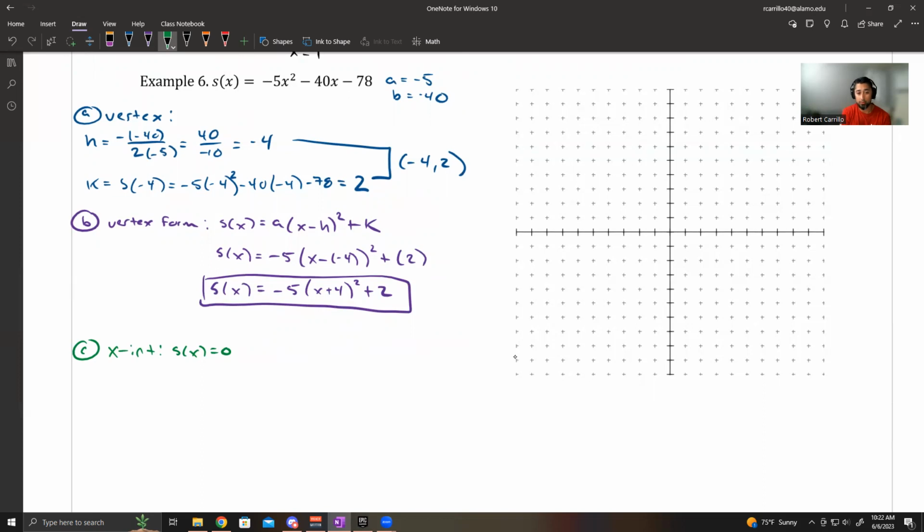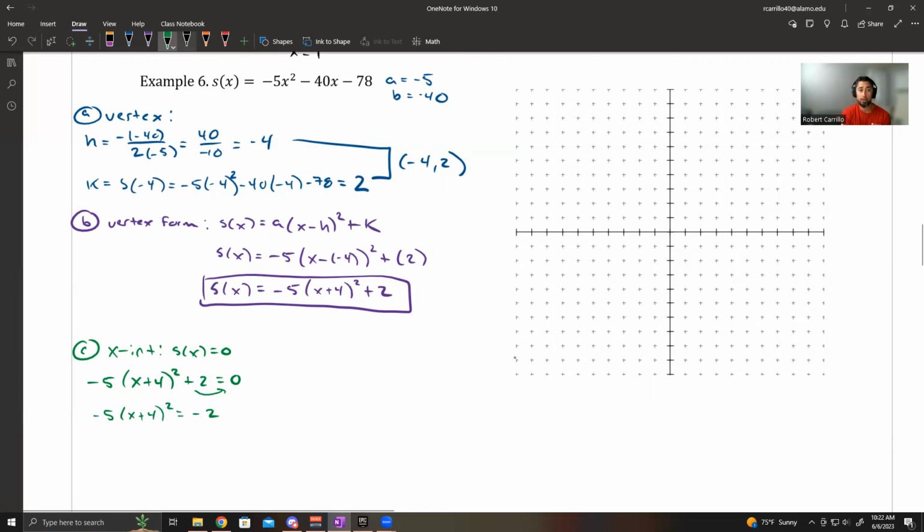So we'll use the vertex form. -5 times x plus 4 squared plus 2, set that equal to 0, and then move that 2 over, and you get -5 times x plus 4 squared equal to -2.